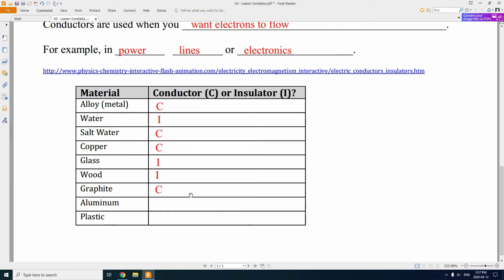It went pop. In that case, I attached a piece of graphite to the end of each wire, and that's what I put into the water. The graphite allowed the electrons to move down it. I used a type of salt water, which allowed the electrons to move through it. So we actually saw both the salt water and the graphite in that demo, and both of those were conductors, which allowed the electrons to flow from one end of the battery to the next.